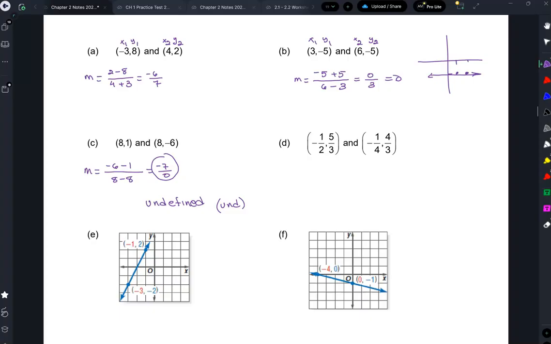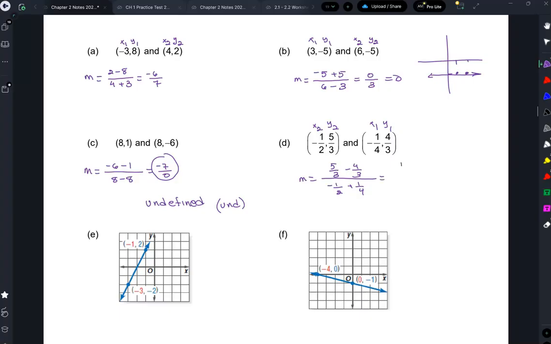Okay, this one, because we love fractions. So what if you were a rebel and you're like, I'm going to make this x1, y1 and this x2, y2. Guess what? It does not matter as long as you're consistent, right? So let's do it this way. 5/3 minus 4/3 over -1/2 plus 1/4.